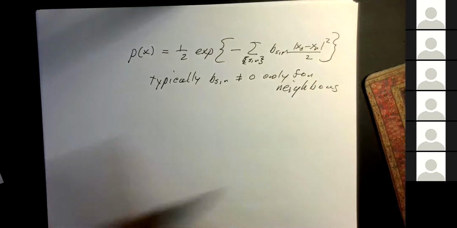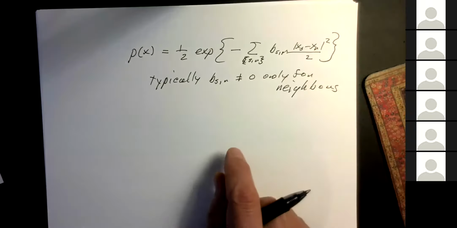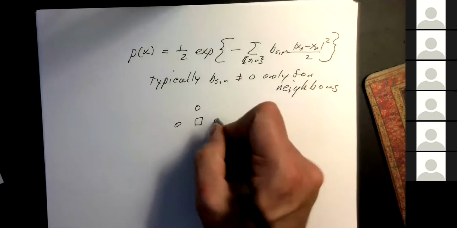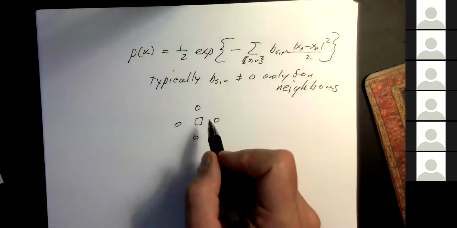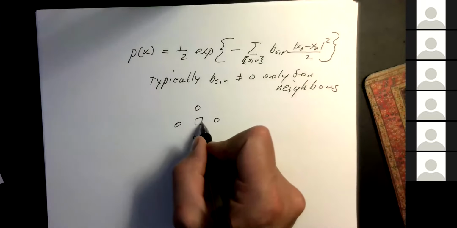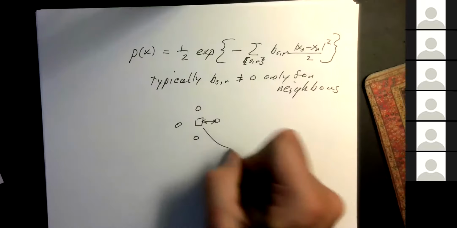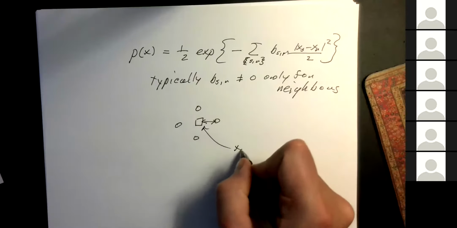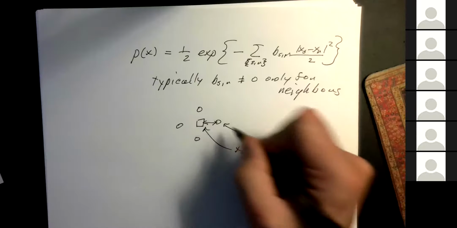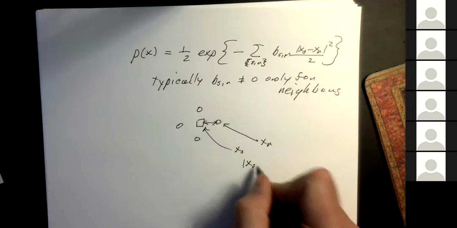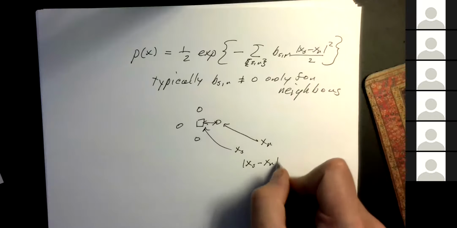Okay. So what this does is, if you have a pixel here and these are its neighbors, there's a term associated with every pair of pixels. So this is X_S, this is X_R, and the difference is X_S minus X_R.